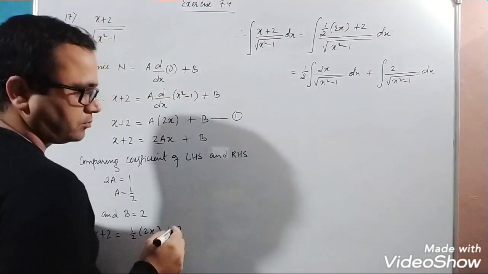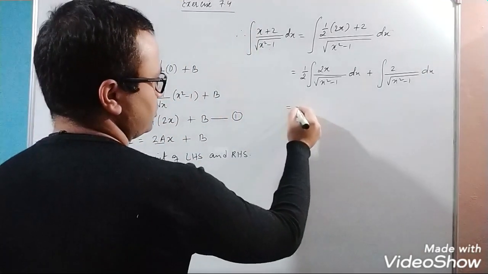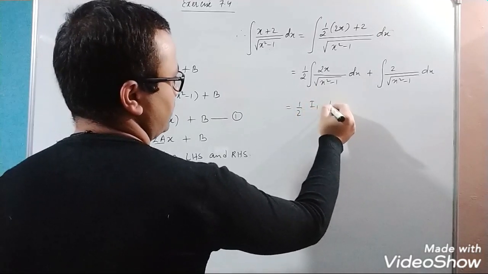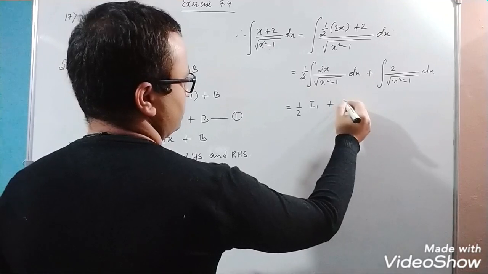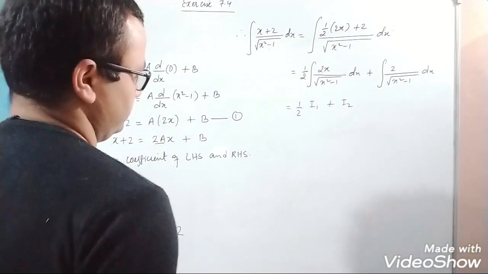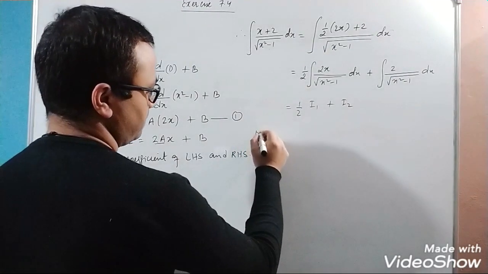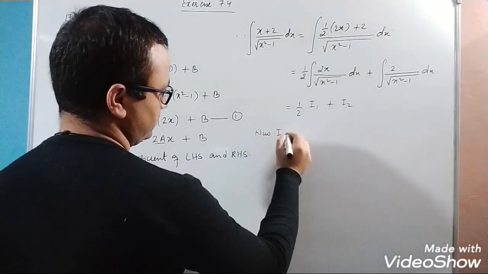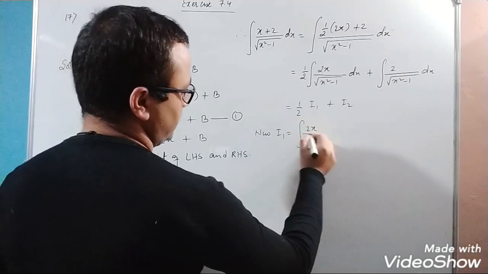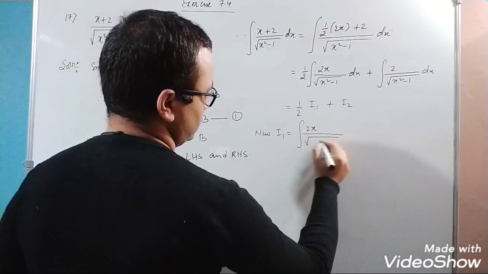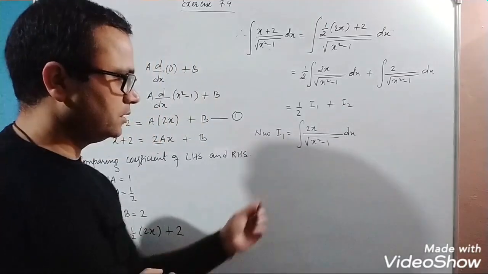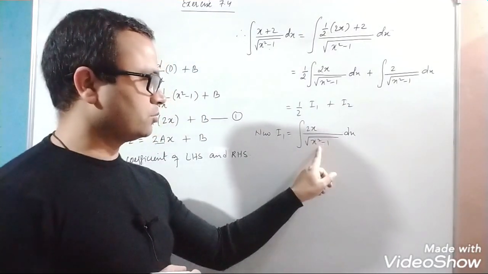So this equals 1 by 2 times (I1 plus I2). First take I1. I1 is the integration of 2x by root under x square minus 1 dx. Take the substitution x square minus 1 equals t.